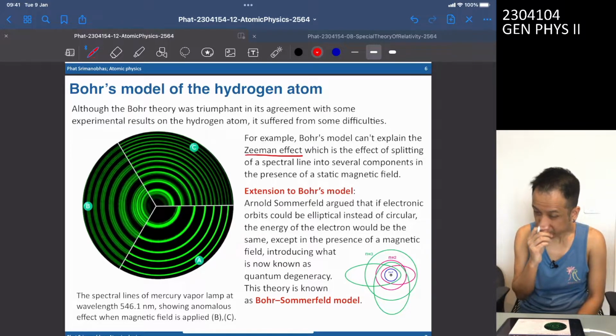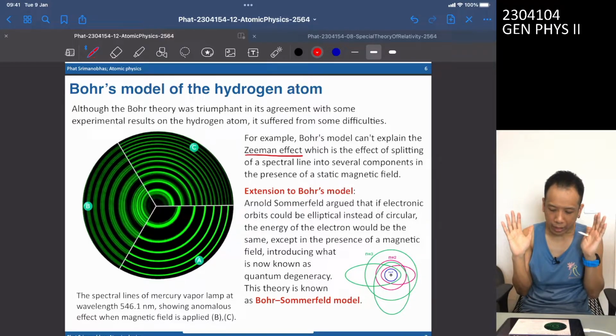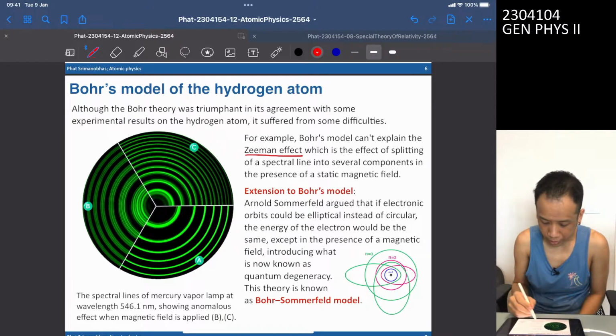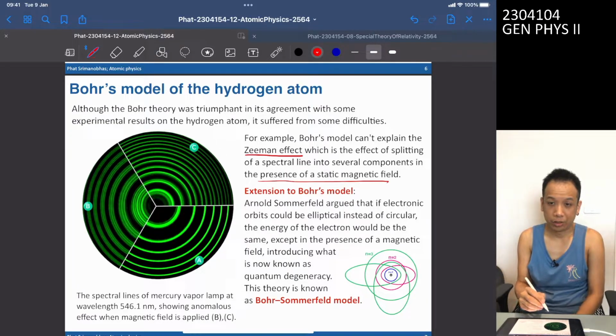The Zeeman effect is that instead of just giving the spectrum, you look at the system with a magnetic field. If you have the presence of a static magnetic field, your spectrum is going to split.